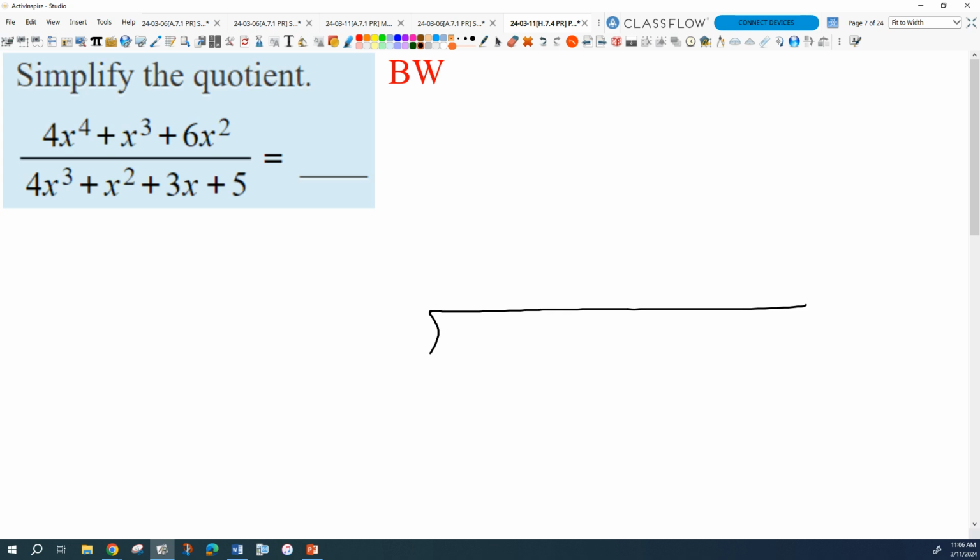Okay, what goes inside? Everybody up here, please. What goes inside? Numerator. So 4x to the 4th plus x cubed plus 6x squared plus 0. Okay, good.